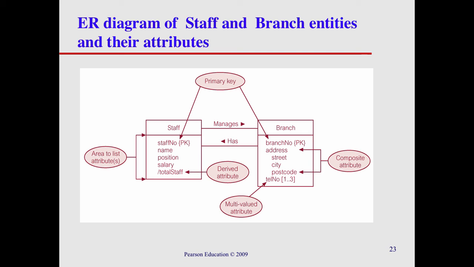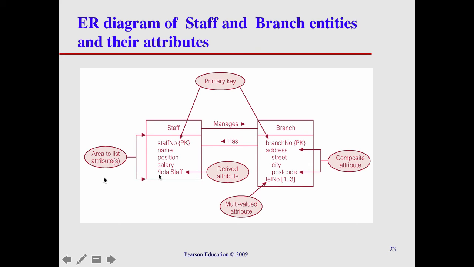So telephone number might end up as a relation, but in the ER diagram, it's shown as a multi-valued attribute. The bookings relationship is shown as a relationship in the ER diagram, but a relation when you actually create the database.